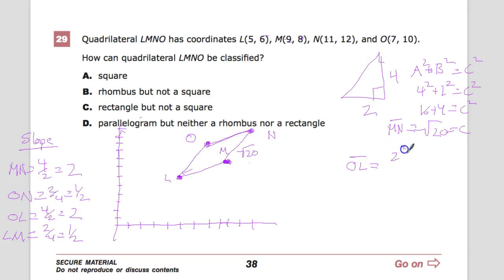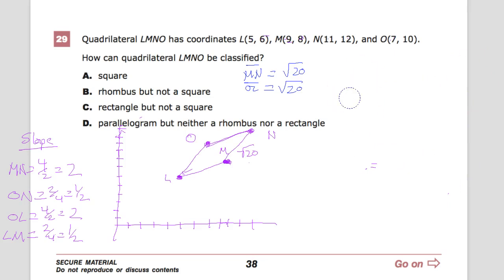So 2 squared plus 4 squared equals something we're very used to at this point, which is 20. So for side lengths, MN is equal to the square root of 20, and OL is also the square root of 20.